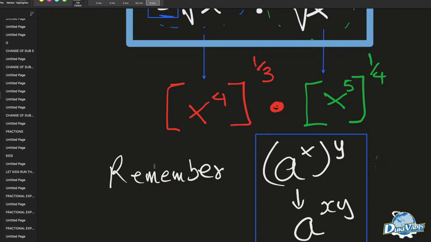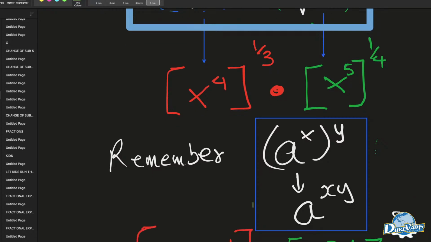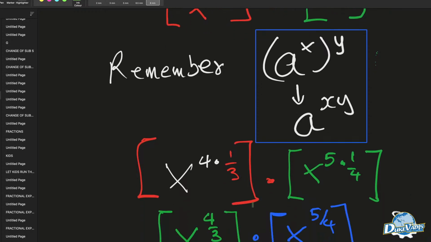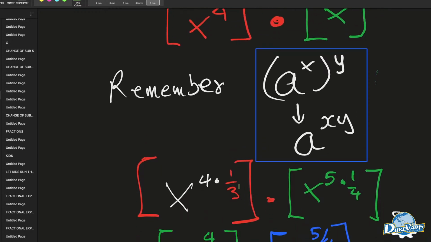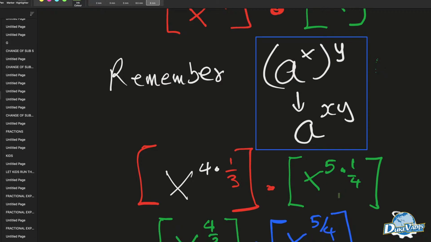So we remembered that when we have an expression like a raised to the power x, all raised to the power y, it is given as a raised to the power x times y. So if that is the case, we shift the 1/3 into this box, and also the 1/4 into the box to multiply.